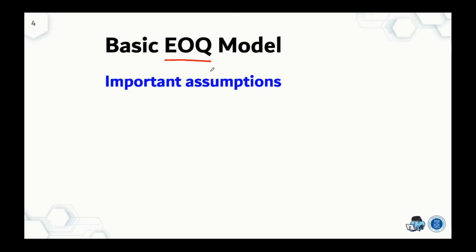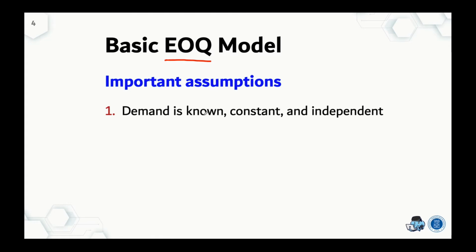But first, let's see the important assumptions of this economic order quantity model. The first assumption is demand is known. So if demand is unknown, we cannot use this one. The demand is constant, in this case deterministic, and also independent. It's not dependent on others' demand.